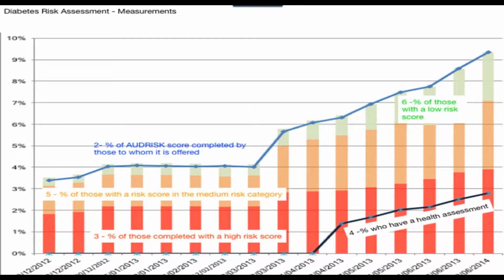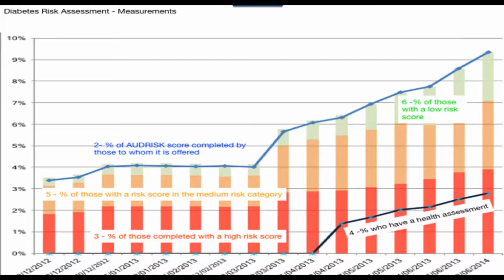If we look at the next slide, it gives us an indication of what happened throughout that collaborative. You can see that top line, the overall number of diabetes risk assessments we were doing started to improve and increase.